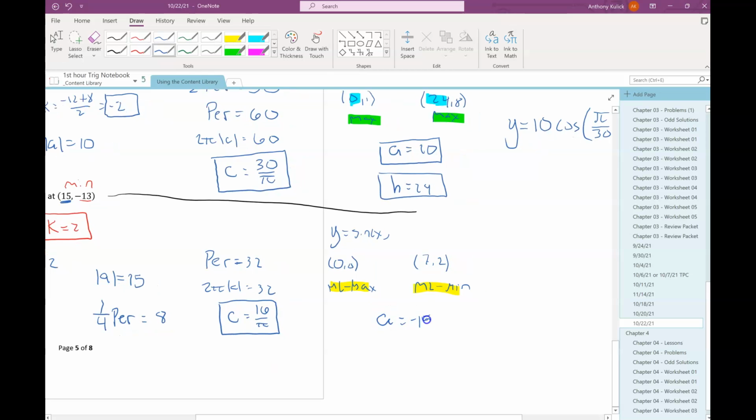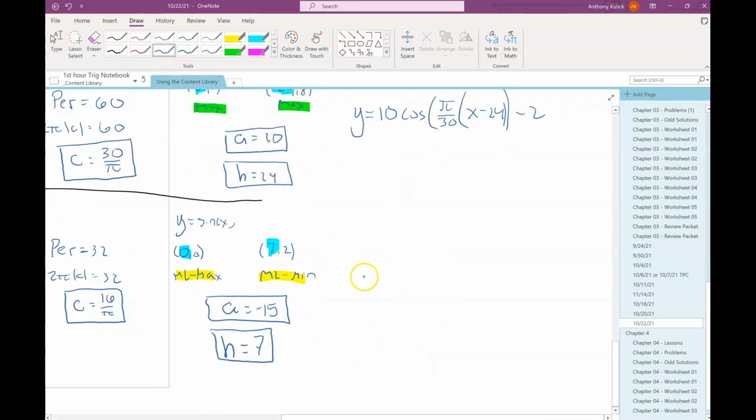Okay. So -15. And then the H has to be, since the x-coordinate on the parent function is 0, it is 7. And that's everything we need now.